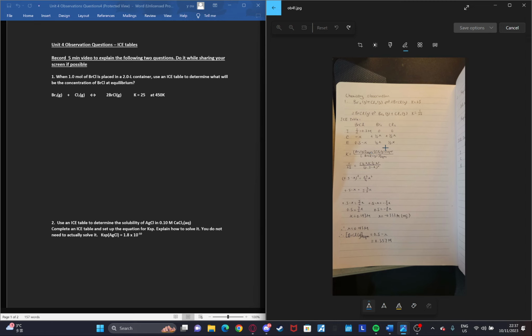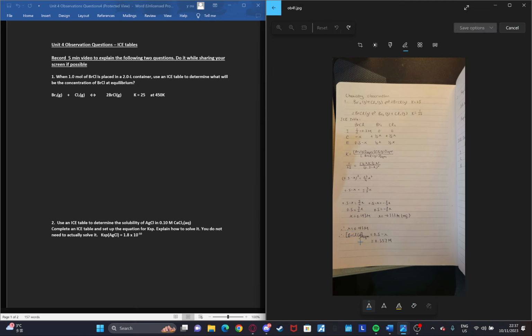Plugging them into the K constant formula, we can find that x could be equal to 0.143 or negative 0.333, which is rejected because you can't have a negative value in this. And so therefore x is equal to 0.143.